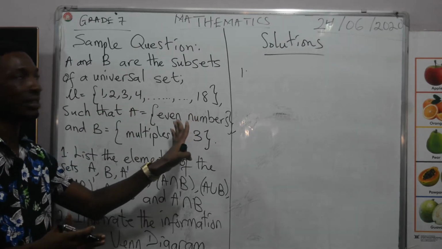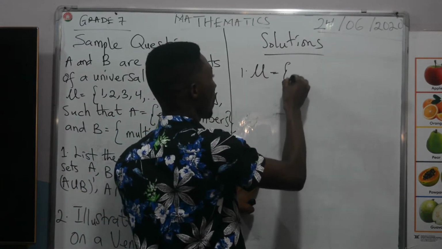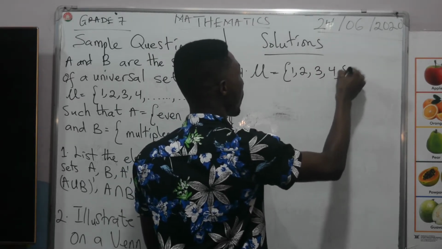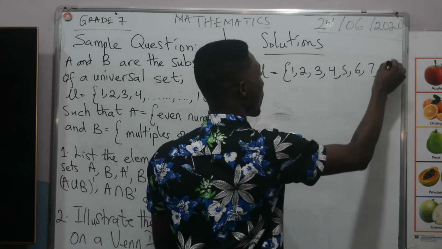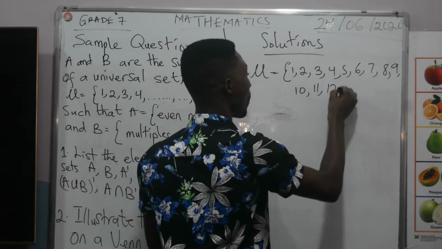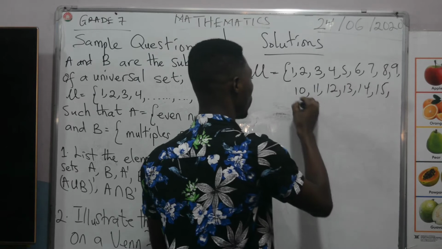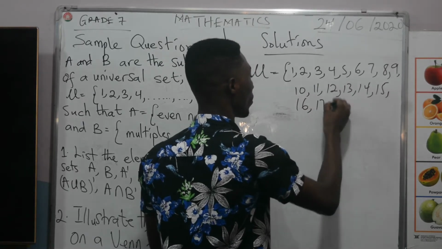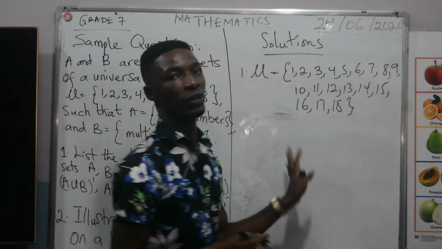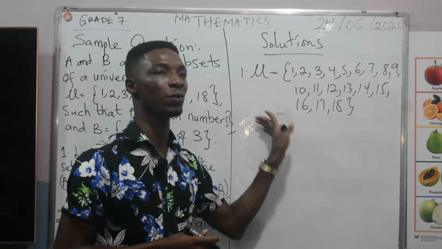I first write my universal set. So I have my universal set here, containing all the elements from 1 to 18.